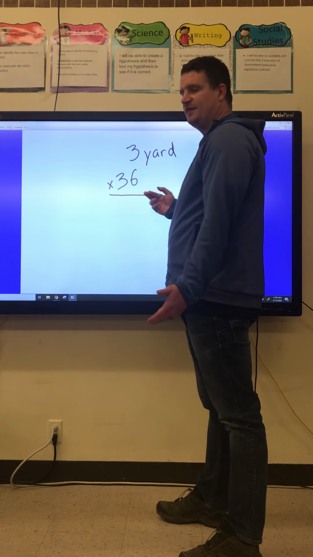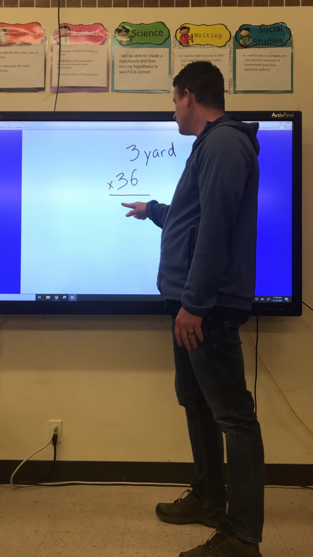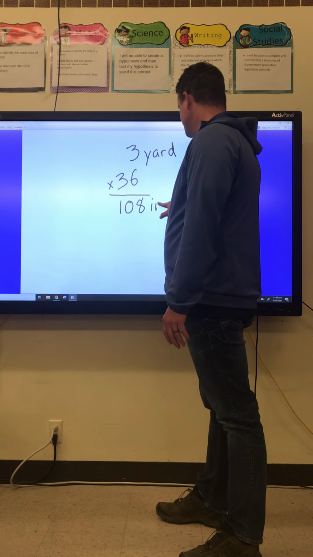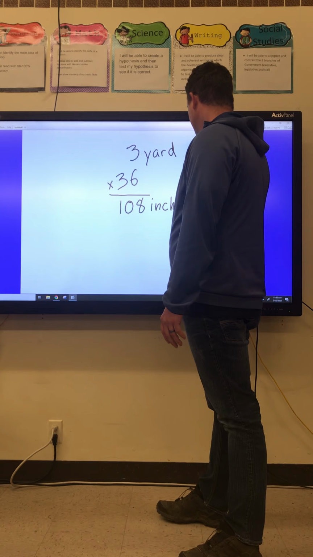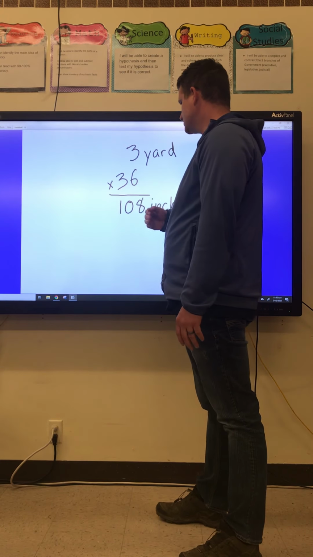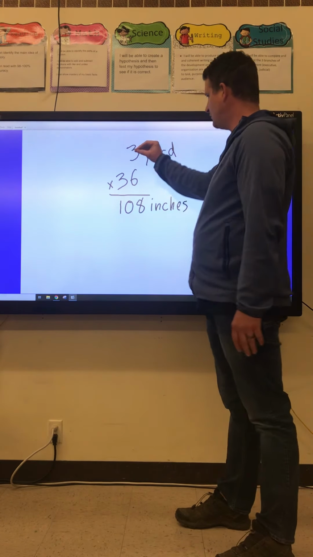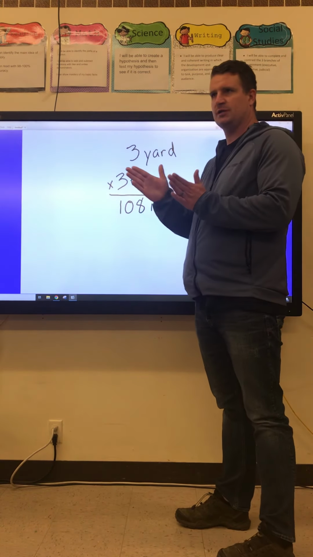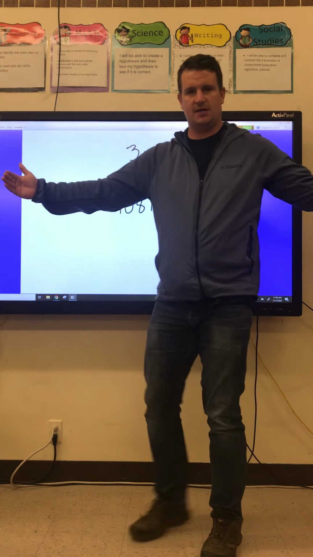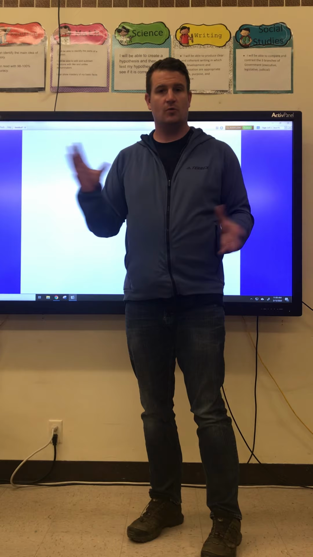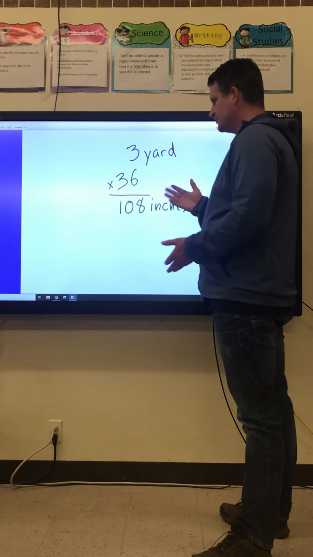So if we multiply this out, guys, we have 108 inches. Or 3 times 36, we have our 8, carry our 1, 108 inches. So know that if we have a bigger measurement going down to a smaller, so 1 yard going down to 1 inch or 1 foot, we have more of those, so we have to multiply.